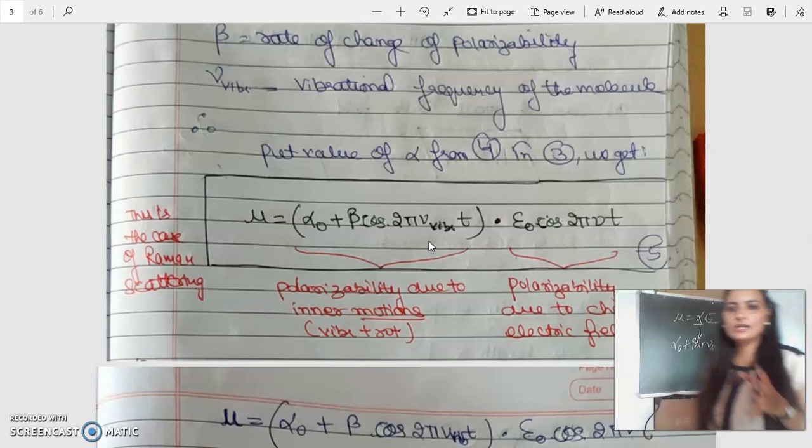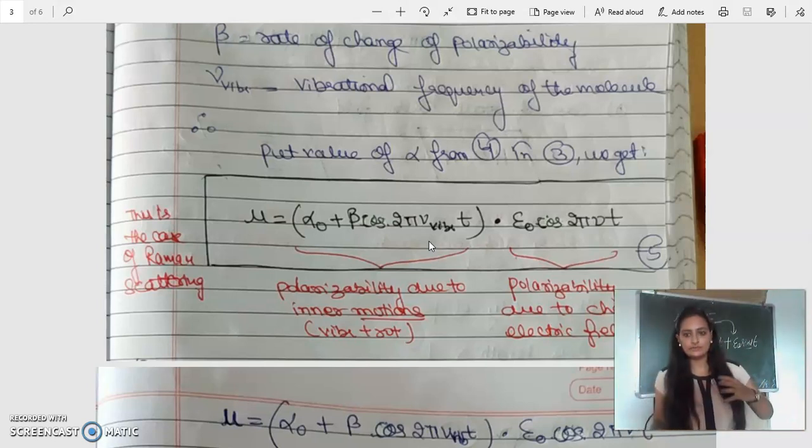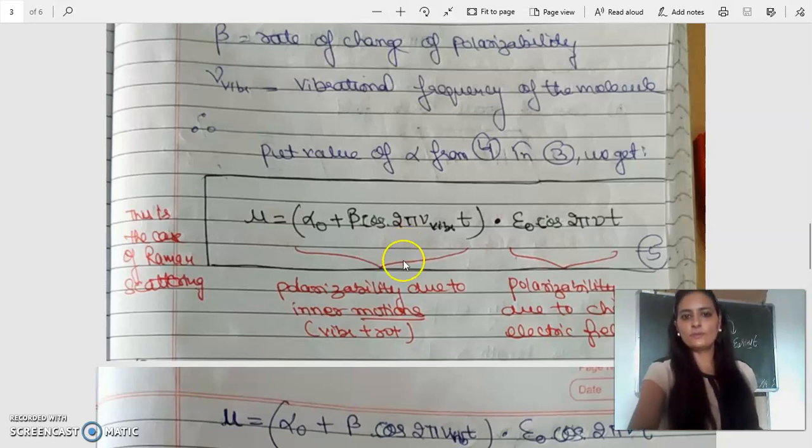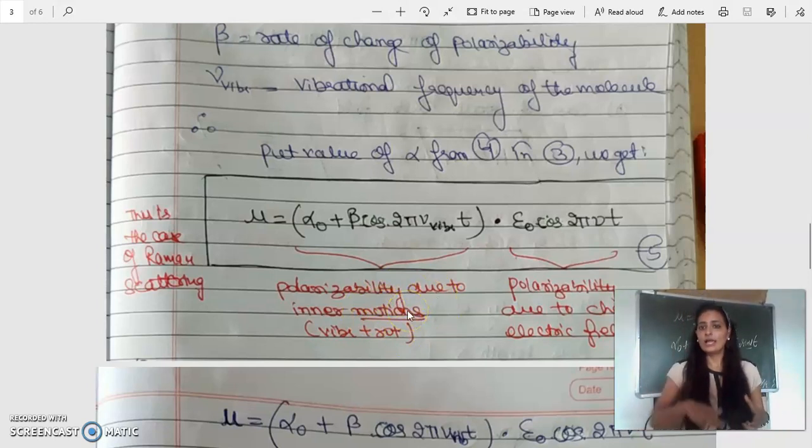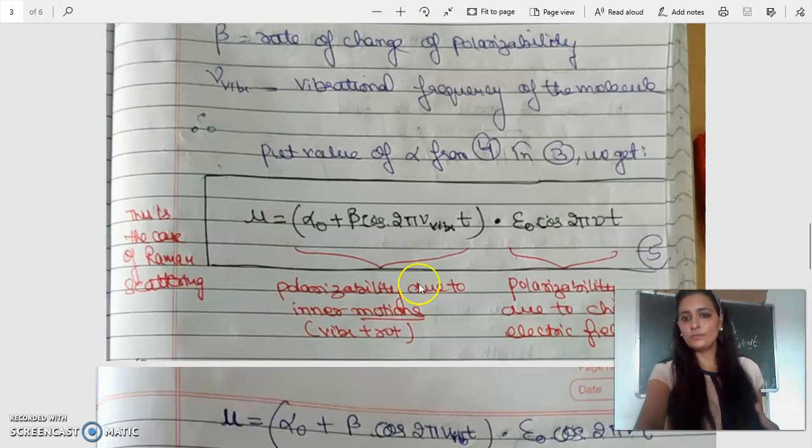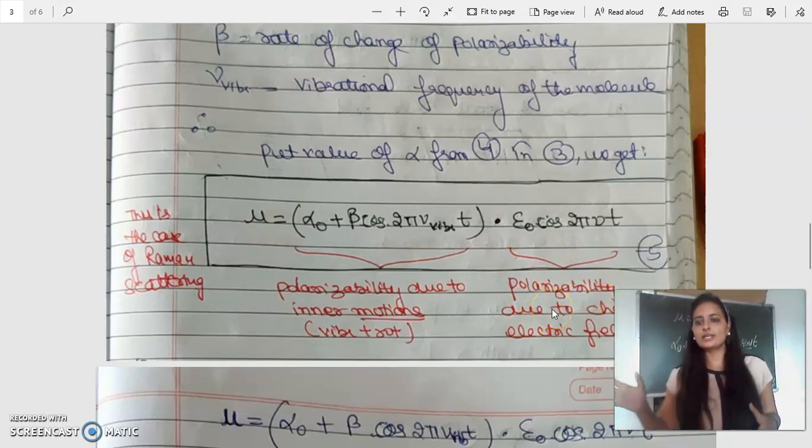Here mu is the frequency of your field, the electromagnetic radiation. So the first factor gives you the polarizability due to inner motion, that is, the motions in the molecule, and the second factor gives you the polarizability due to the changing electric field.